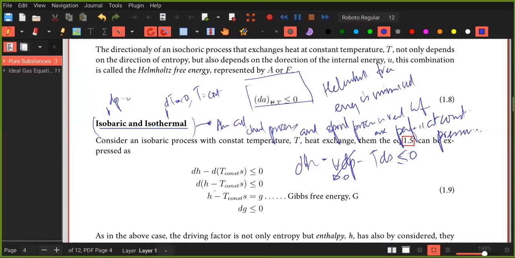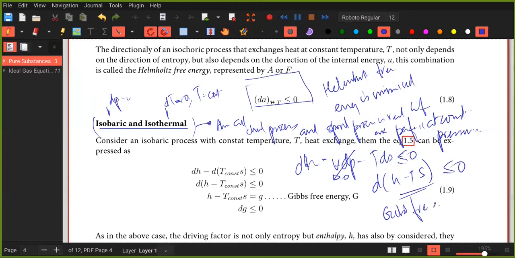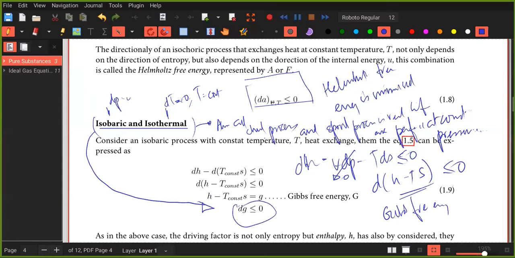So we are left with d of (H minus TS) should be less than or equal to 0. This term is called the Gibbs free energy. So if we have an isobaric and isothermal process, the process proceeds in the direction such that the Gibbs free energy is minimized, or dG should be less than or equal to 0.